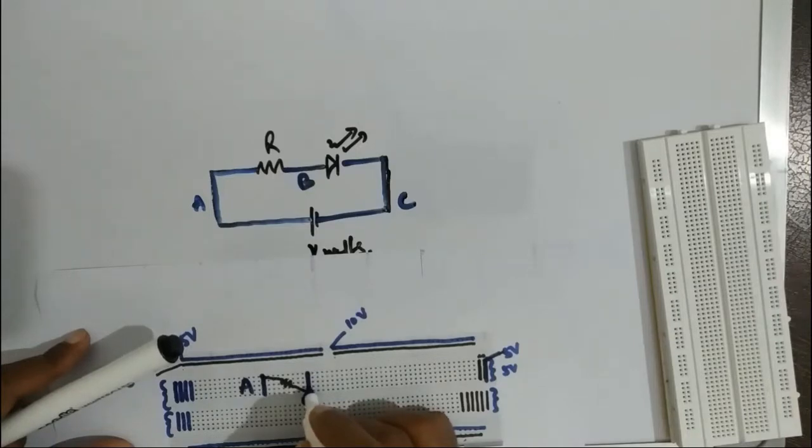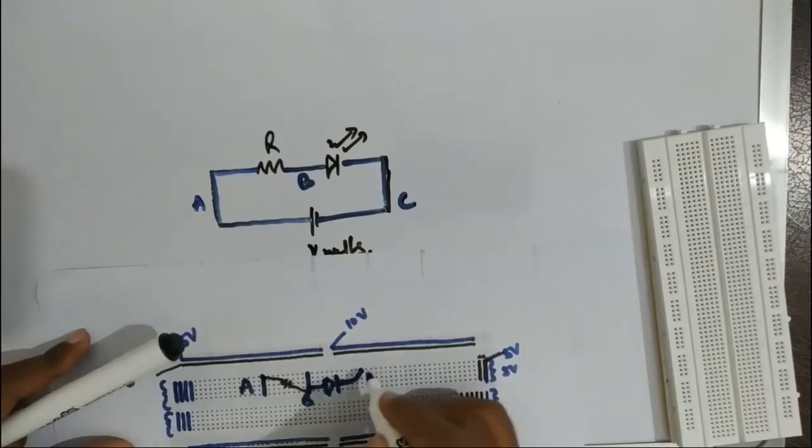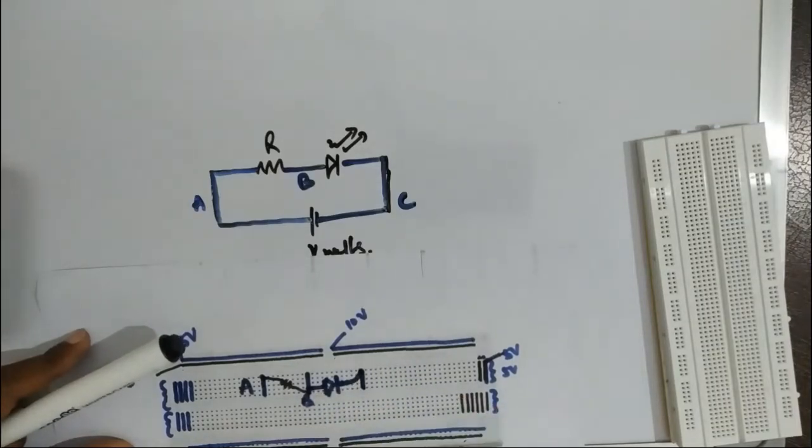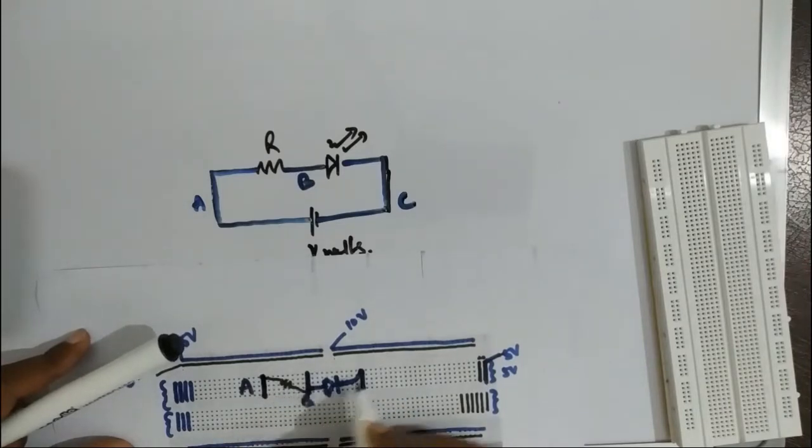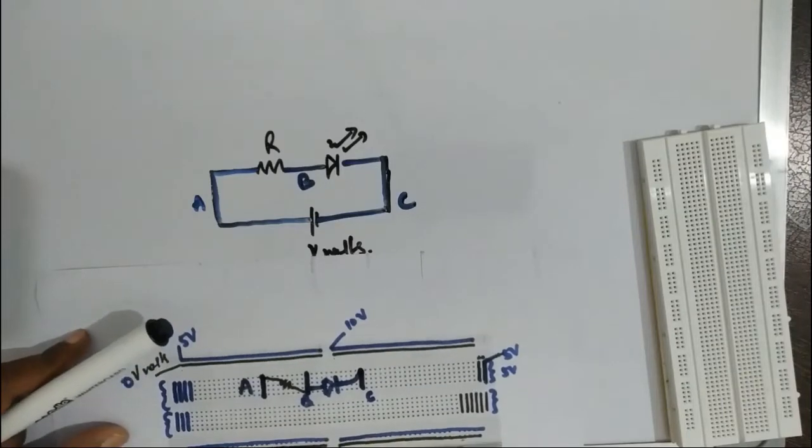the diode, on any of the ports we can connect it like this. This is the diode. You can connect it at any point, say we have connected it here. Now your point A becomes this set of 5 ports, B becomes this set of 5 ports, and C becomes this set of 5 ports.